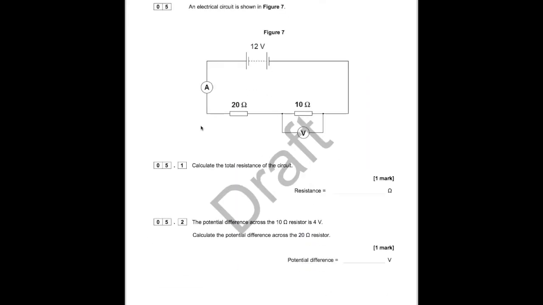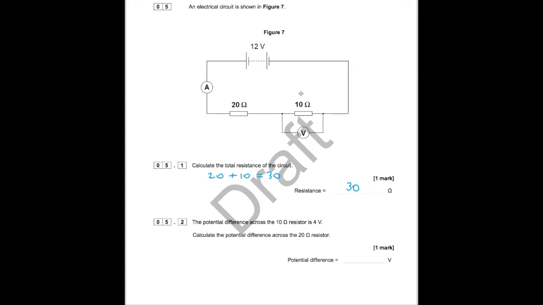5. An electrical circuit is shown in figure 7. Calculate the total resistance of the circuit. Well, these resistors are in series, so you just add them together. The potential difference across the 10 ohm resistor is 4 volts. Calculate the potential difference across the 20 ohm resistor. So if you've got 12 volts, it's going to get used up on that and that.